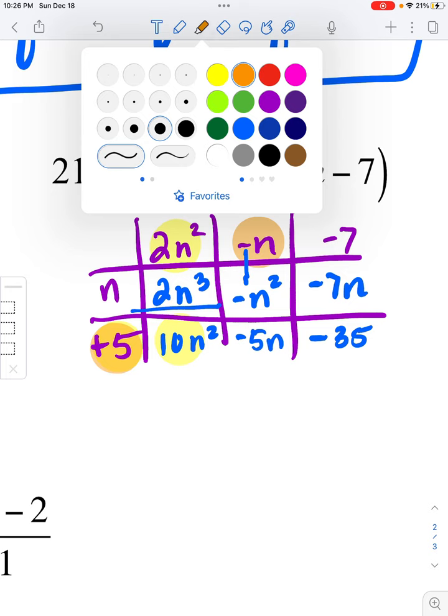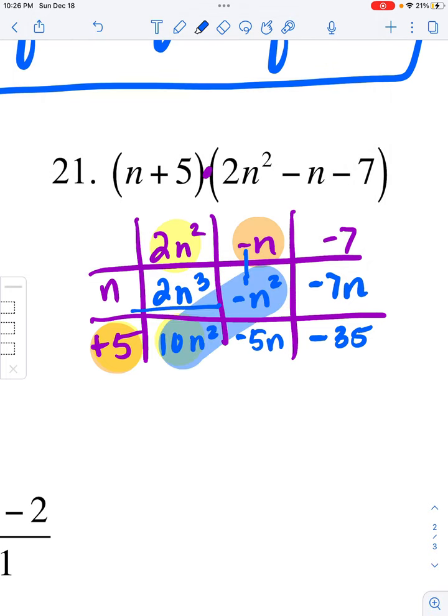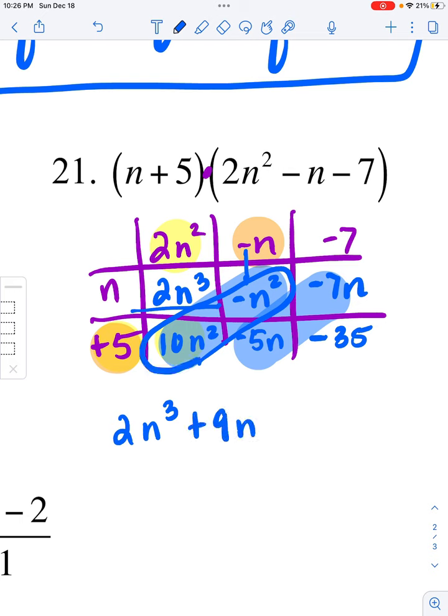And then these diagonals should combine. So when I start on my top left corner, I have my 2n cubed. The next diagonal, I have a 10n squared minus 1n squared. So that's 9n squared. Then in my next diagonal, I have a negative 5 minus 7 more, so negative 12n.